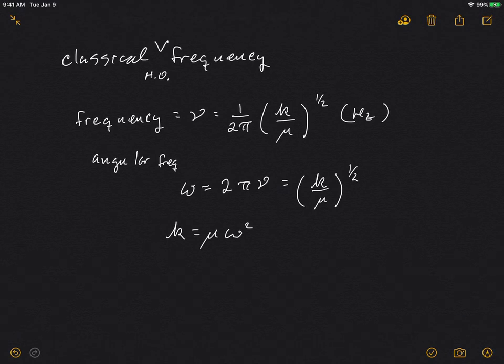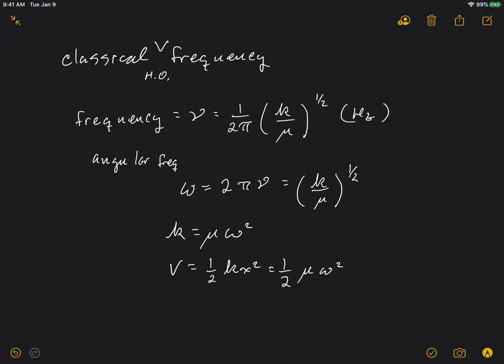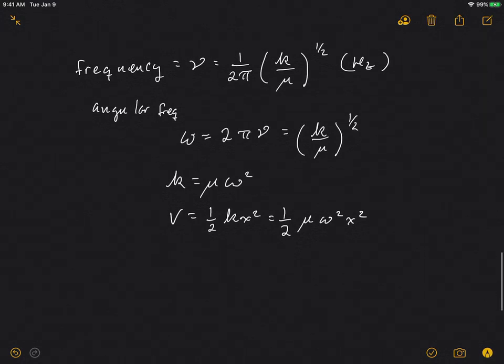So like say our potential energy, we can use 1/2 kx squared, or we can use something like 1/2 mu omega squared x squared. Okay, so it's good to have some options here and have some extra equations that we can use when we need to simplify things.